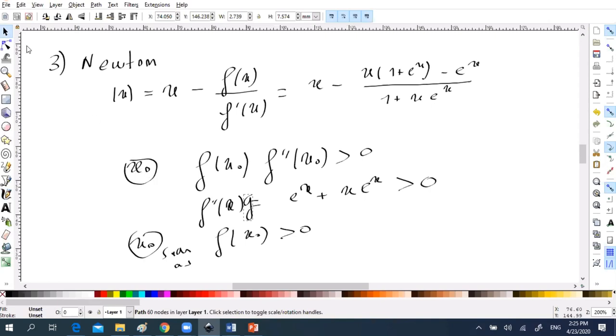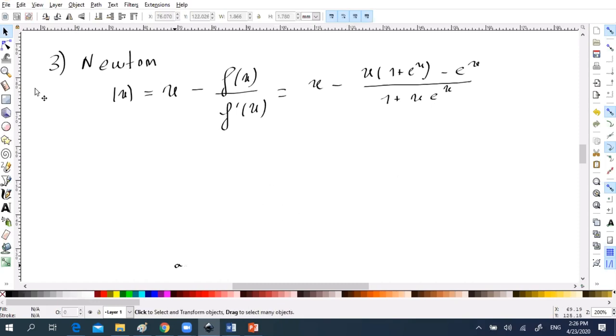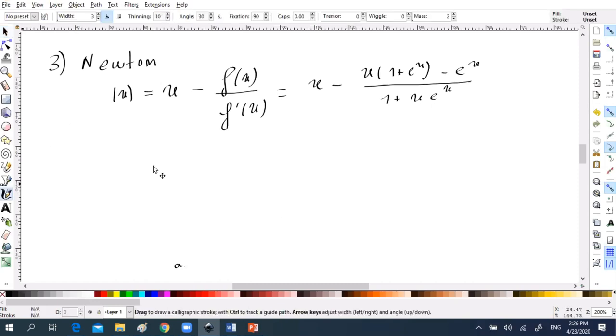If it's close enough to the solution, it will converge in any case, because the g prime will be around 0. But if we are far away from the solution, we must also check that the g prime of x is inferior to 1, because it's a fixed point iteration.